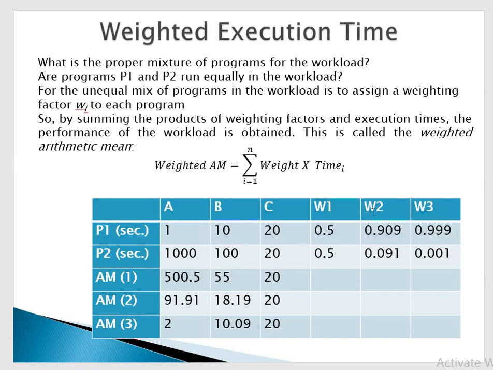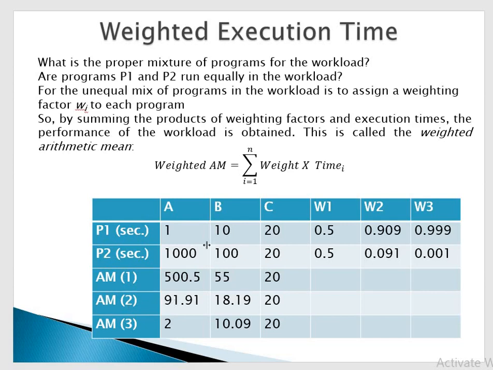Now we will go for the second weighing factor, which is W2. In case of W2, we have allotted the weighing factor to program 1 as 0.909, and to program 2 as 0.091. Again, using the same equation, we will calculate the arithmetic mean for weighing factor 2.